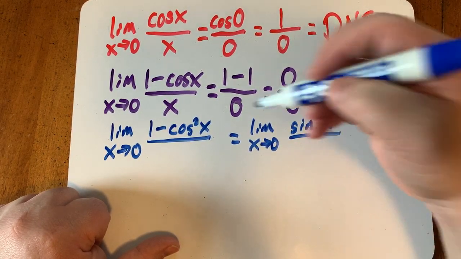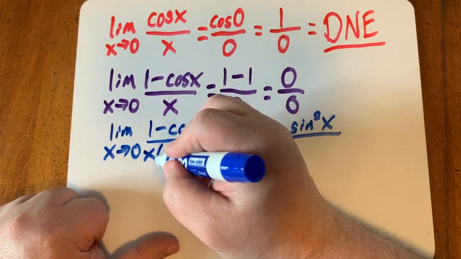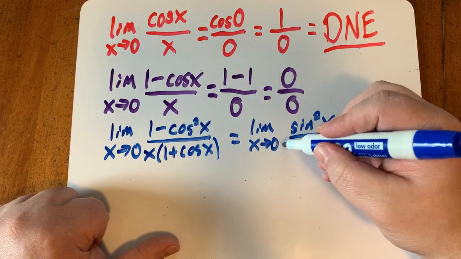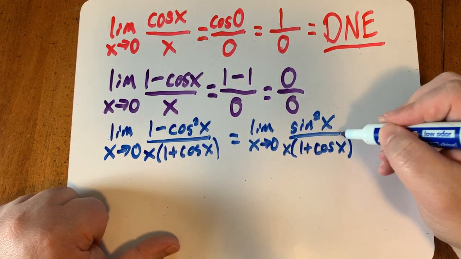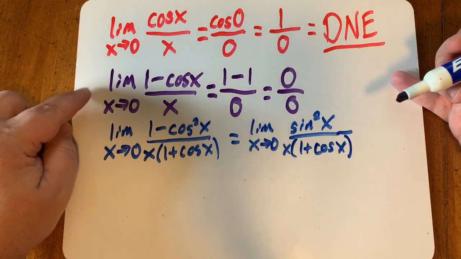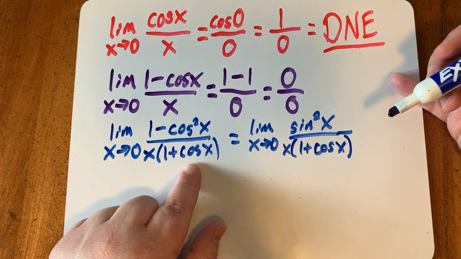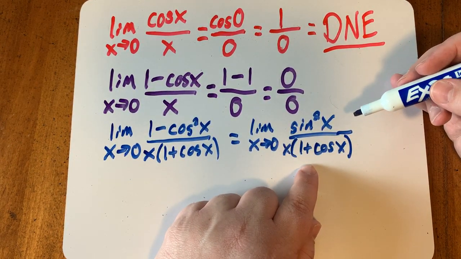But you can't just do something to the numerator and not do it to the denominator, so we have x times 1 plus cosine of x in the denominator. So this limit says the same thing as that, because we multiply top and bottom by 1 plus cosine of x, and it says the same thing as that.